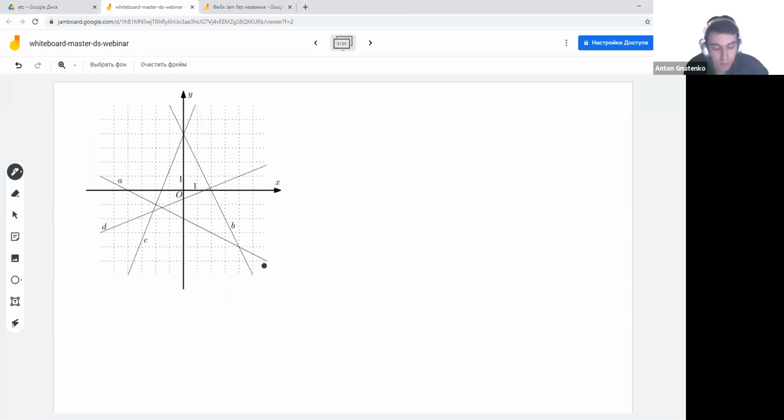And this problem includes dealing with a graph, with a picture. We are given an equation, y equals 2 over 5 times x plus 4. And we are asked to find the line. It's one of 4 lines here. One of them is parallel to the line which corresponds to this equation.